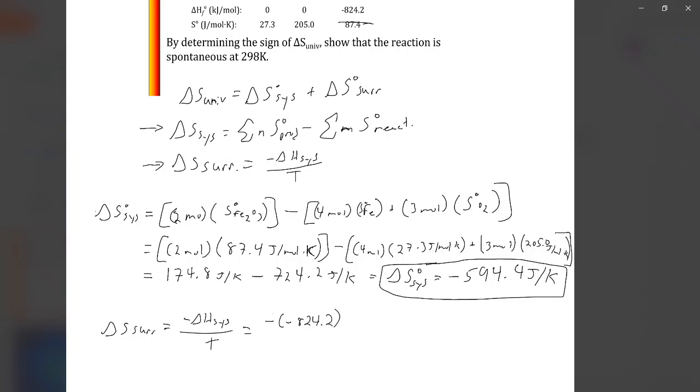Very important to keep your signs straight here because you're going to get a whole different answer if you don't. Over T, and what temperature did they give us? They said 298 K. Good, that's what we want. So 298 K. Okay, and our units here are going to be kilojoules per mole.